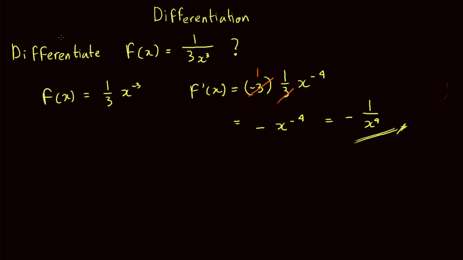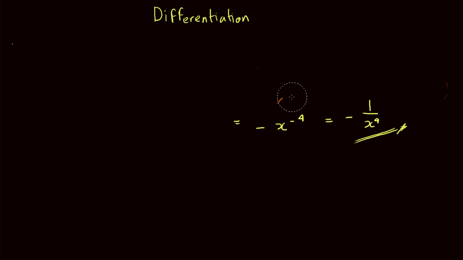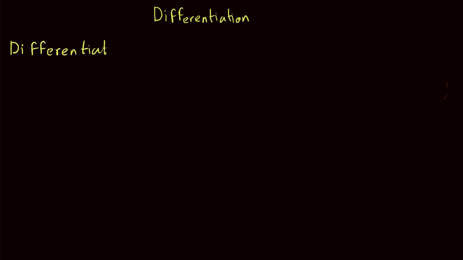Right, so that was pretty straightforward. Now let's go for a slightly more interesting question. Let me erase this real quick. So we have a function here. Differentiate the function that's given to us.